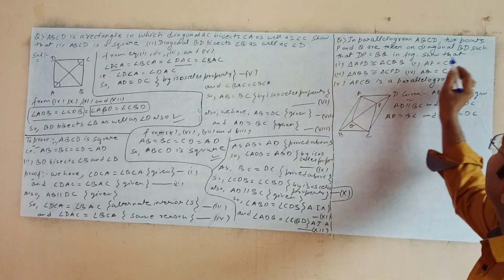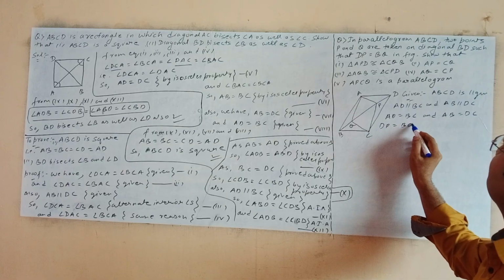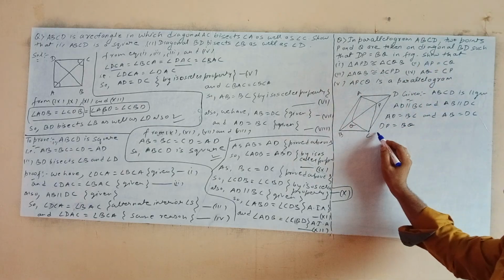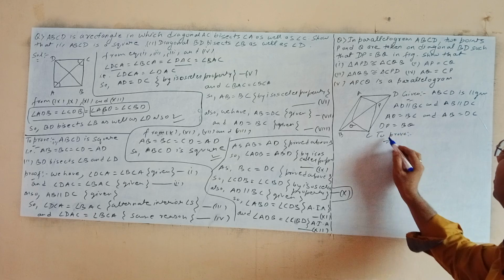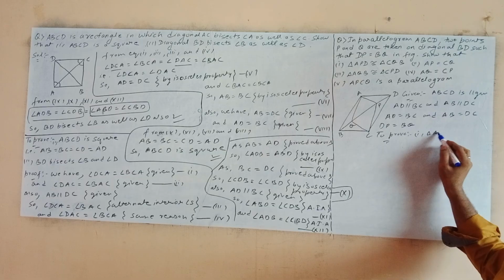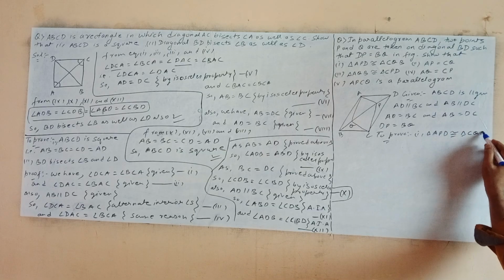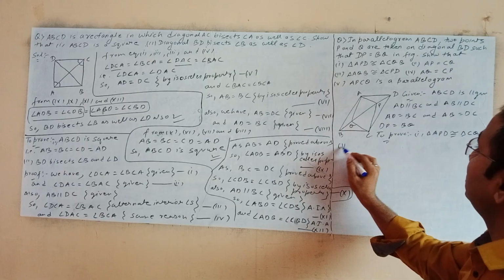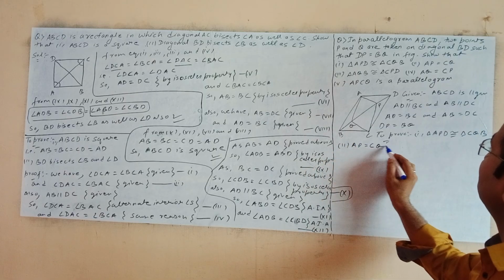One thing more given: DP is equal to BQ. Now you have to prove five things. First, triangle APD congruent to triangle CQB. Second, AP is equal to CQ.